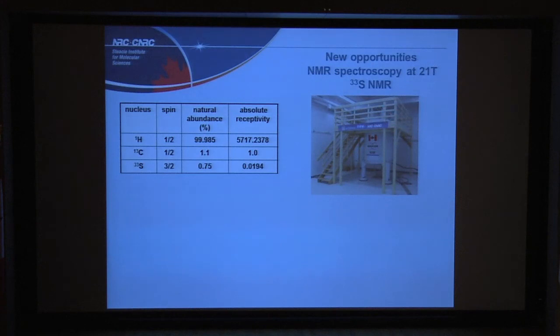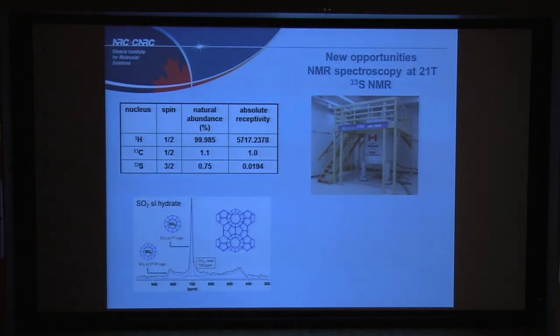To be able to do that, you need a pretty heavy-duty NMR instrument. So you can see this is a 900 megahertz instrument, which we use to do the sulfur-33 NMR. It's a huge magnet. If you've seen NMR spectrometers, this is probably one of the largest you're likely to see.